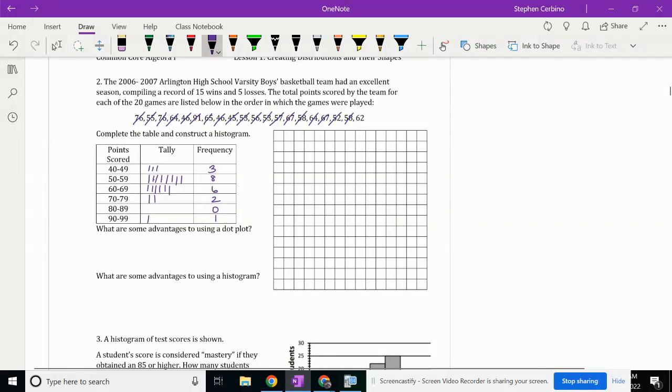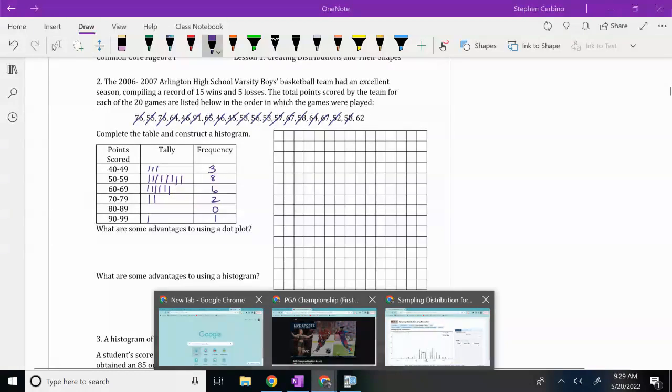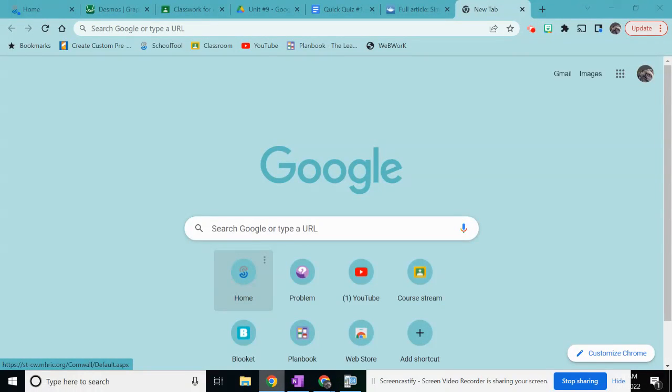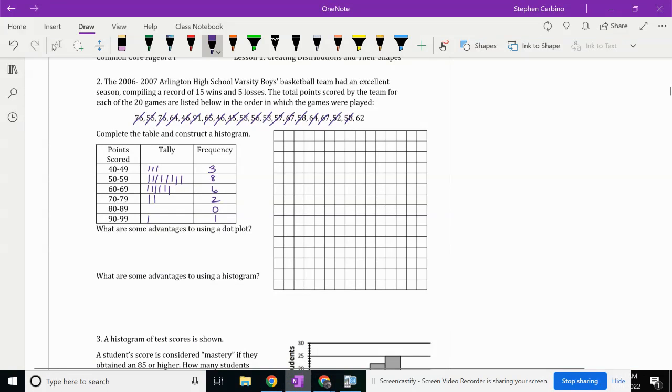So if we want to create a histogram, hold on one second. Okay, so if I am creating the histogram here, I need to create a vertical axis that represents our frequencies.